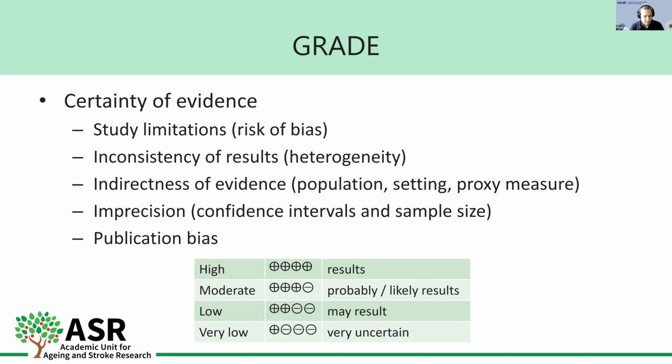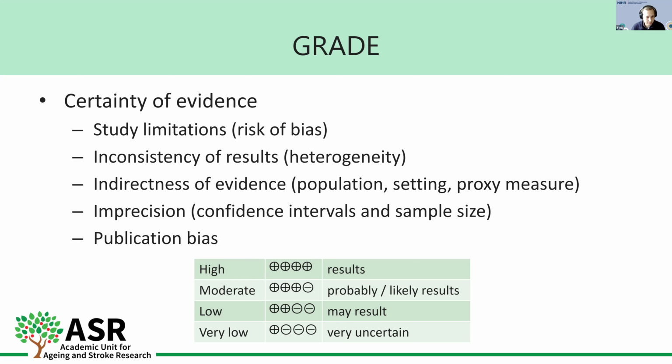Okay, so GRADE is an approach that you can use to rate the certainty of evidence in systematic reviews, particularly those with meta-analysis, by considering study limitations, inconsistency of the results, whether the evidence is indirect, how precise the estimate is, and what the risk is of publication bias.